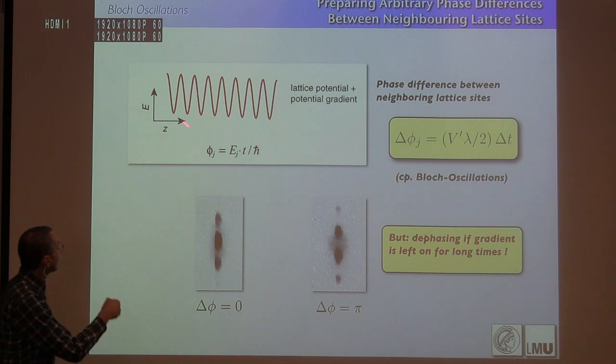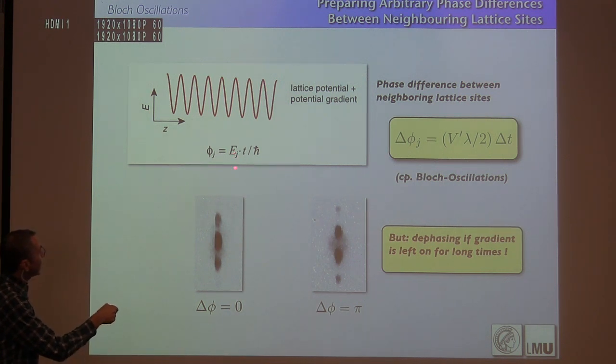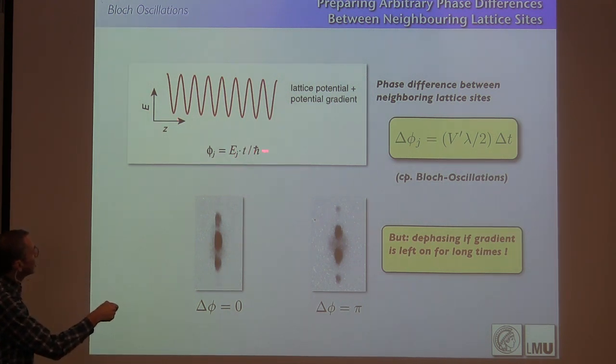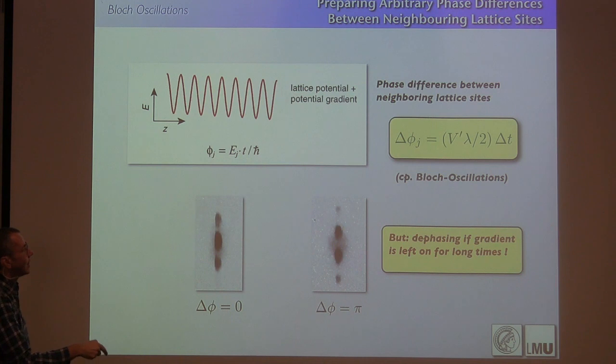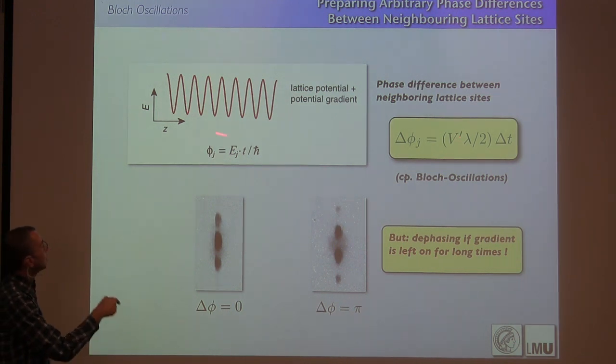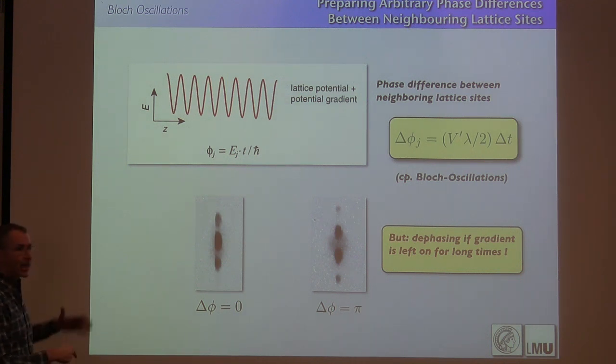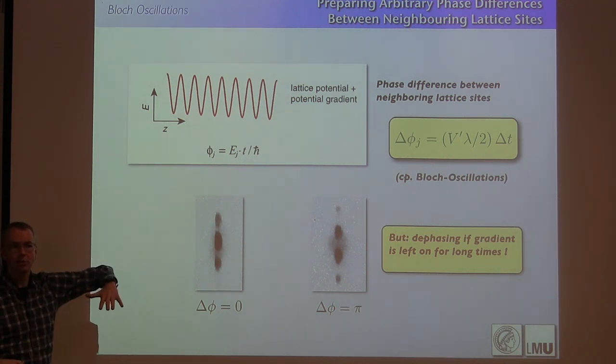Its energy is going to evolve with its eigenenergy Ej at that specific point times t over h bar. And if they're sitting at different energies, that means there will be a phase difference between those two wave packets appearing as a function of time, which depends on the gradient times my lattice spacing times t.